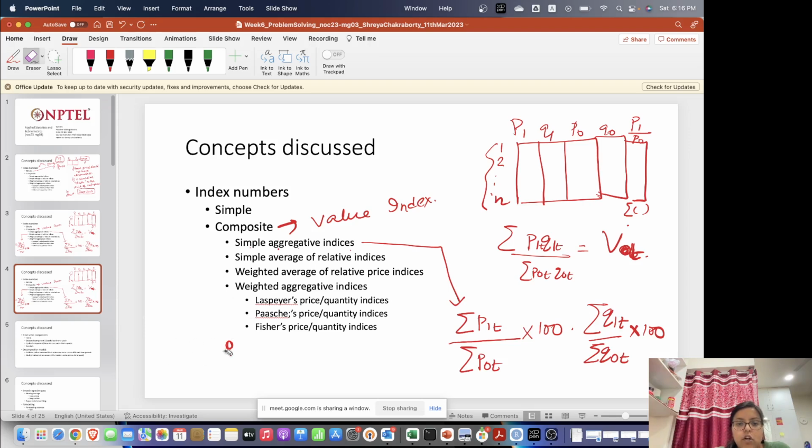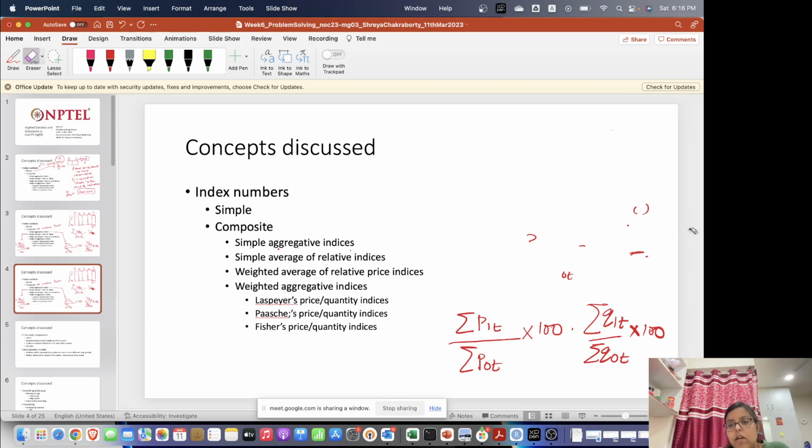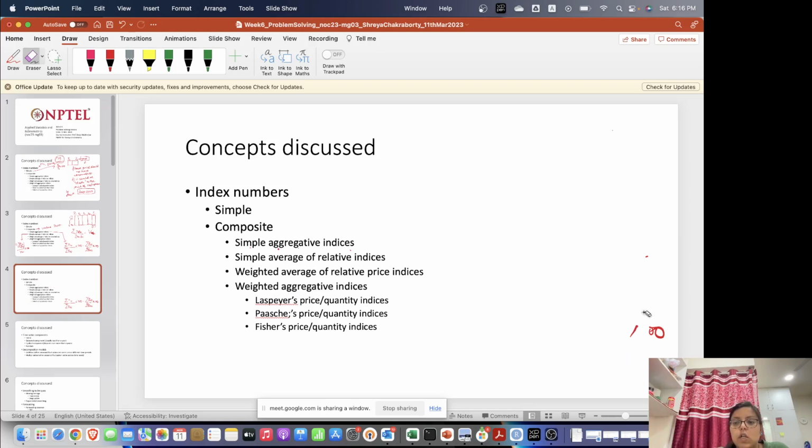Apart from this, we also learned about the weighted average of relative price indices, or it could be quantity indices as well. So in that case, what did we do? As an illustration, it was shown that the weights could be the value at the base year.